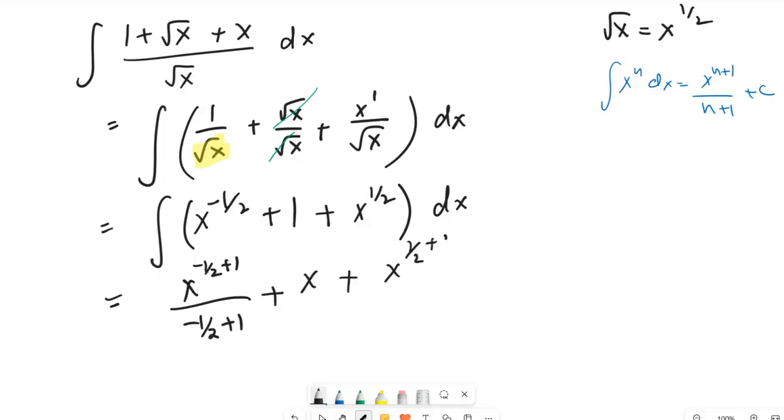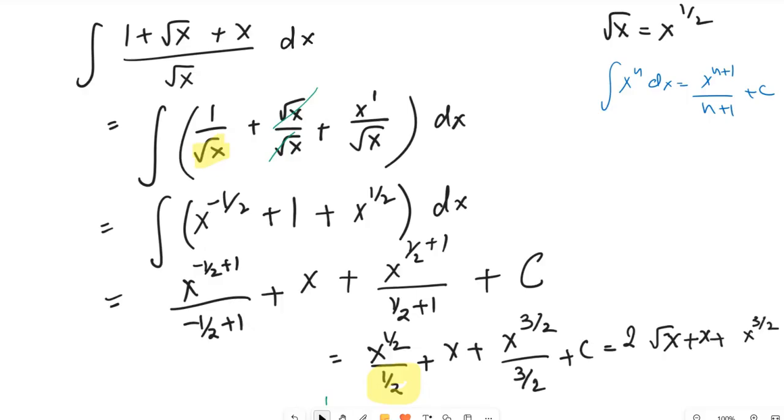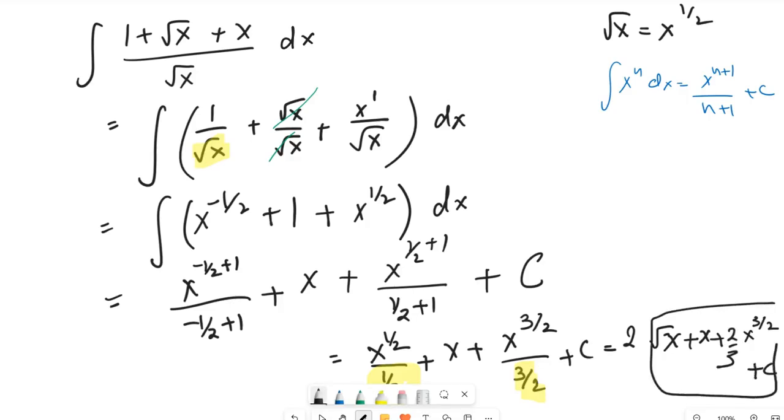Plus x to the power half plus 1 by half plus 1, plus c. x to the power negative half plus 1 is half, by half, plus x, half plus 1 is 3 by 2, by 3 by 2, plus c. x to the power half can be written as root x, and this half in the denominator can flip and come here, plus x to the power 3 by 2, but this 3 by 2 will flip and become 2 by 3 next to it, plus c. That is your answer.